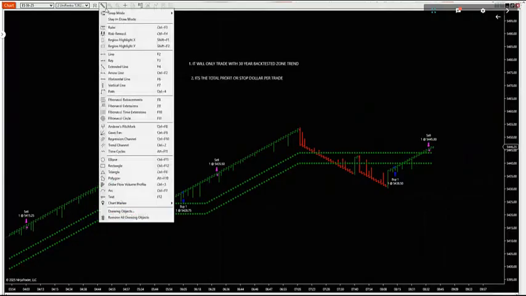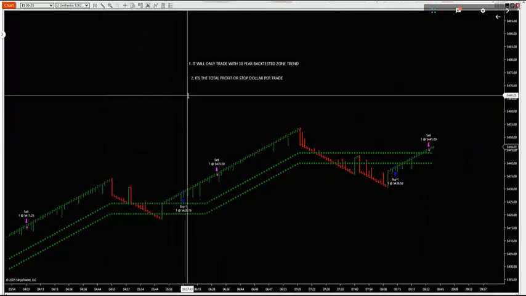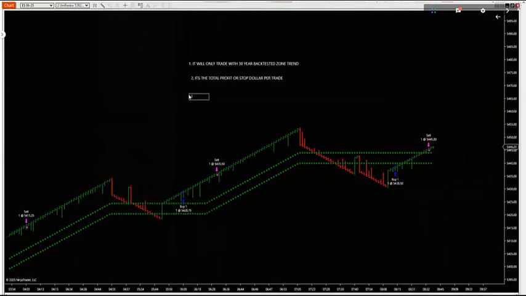Three, as soon as it enters the trade, after entry, you can adjust your stop and target as the trade ticks.